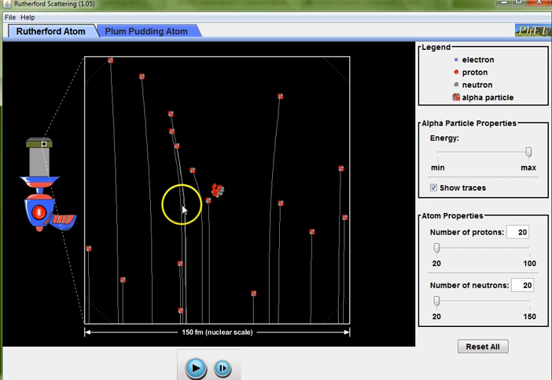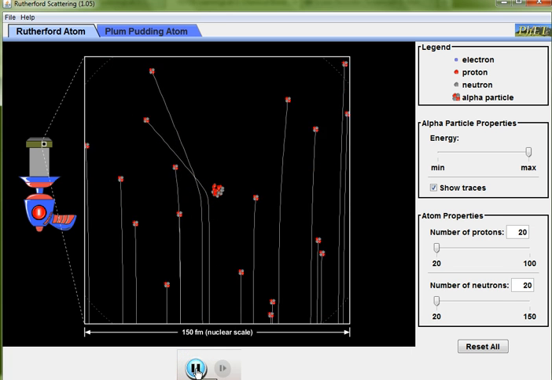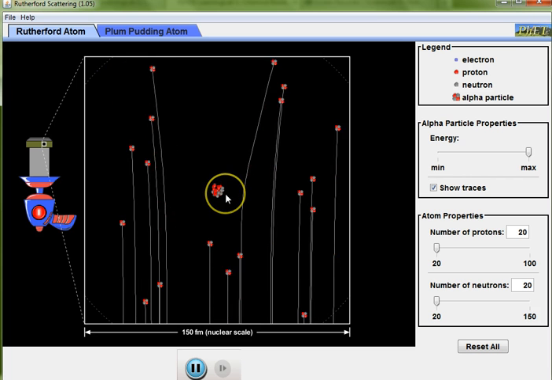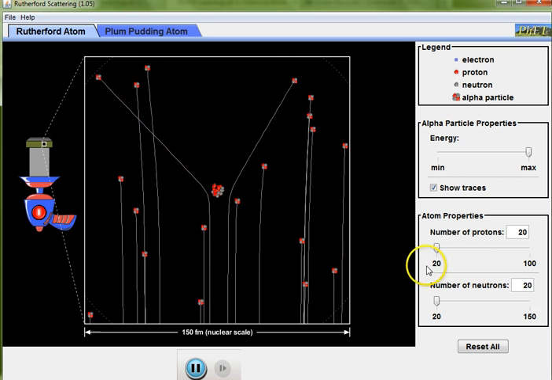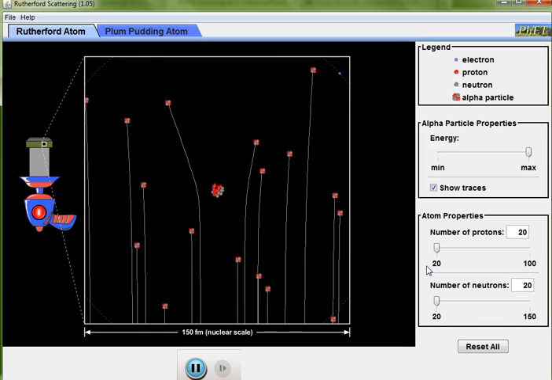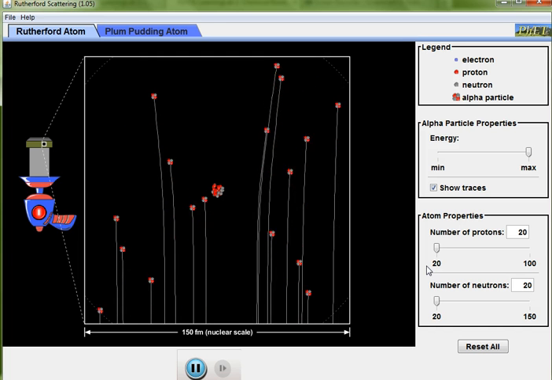In this case they don't get deflected as much, because the positive center is not as concentrated here, and therefore the deflection is not as much. So it totally depends upon the atom, its size, and how much positive charge is in the nucleus.